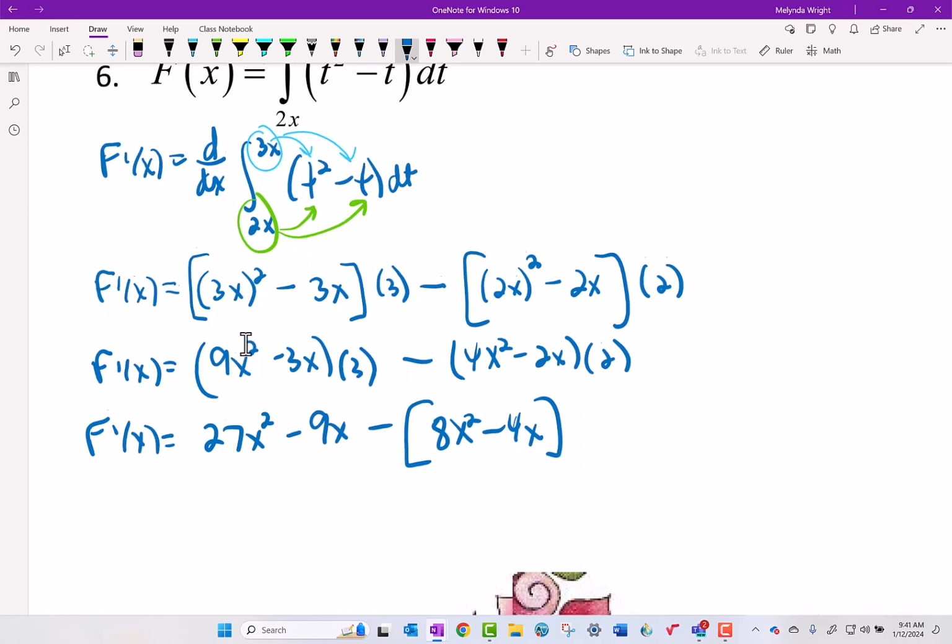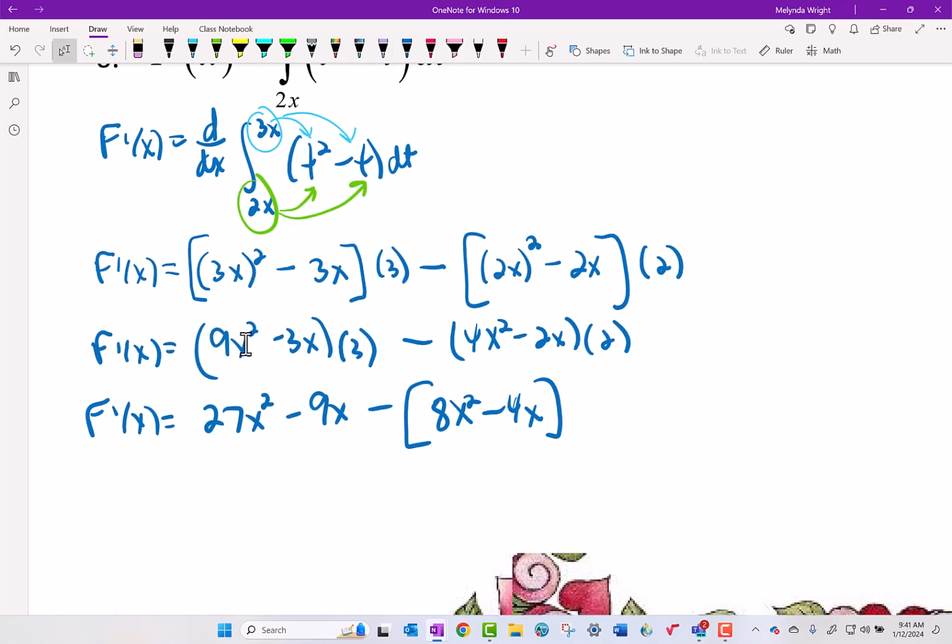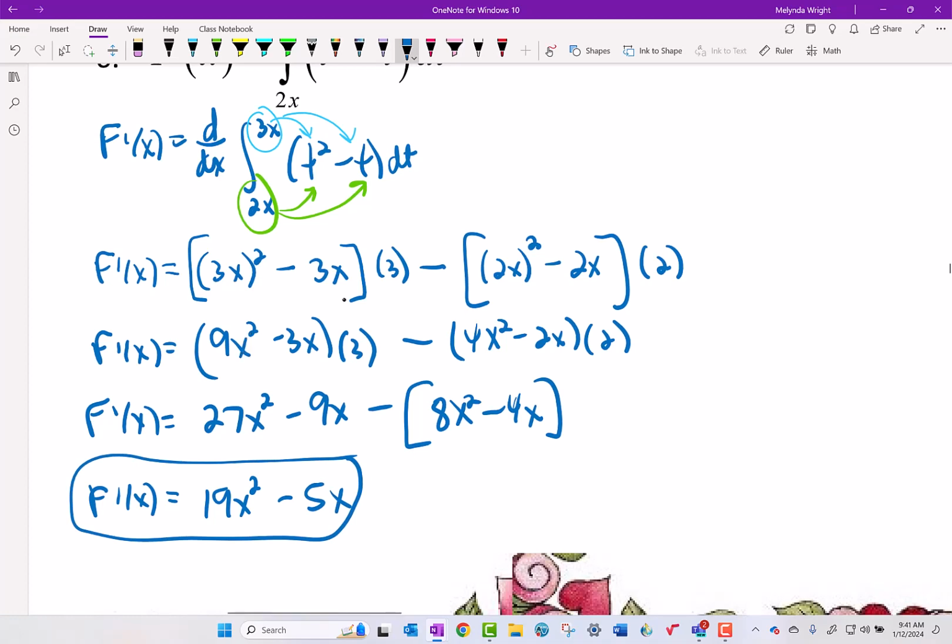So please be cautious. So I've got 27x squared minus 8x squared. 27 minus 8 is 19, right? Okay, good. And then negative 9x minus a minus, so plus 4x is minus 5x. All right, how we doing?